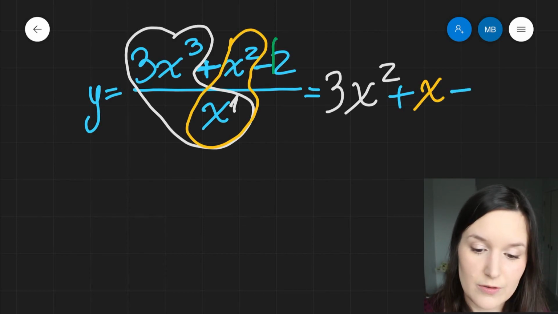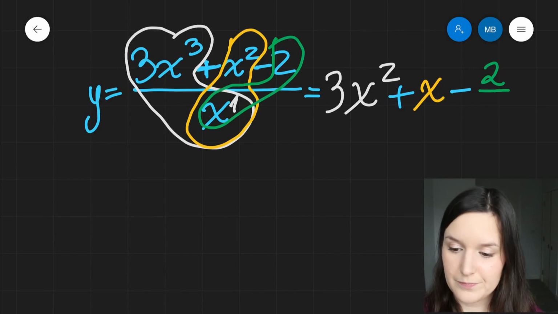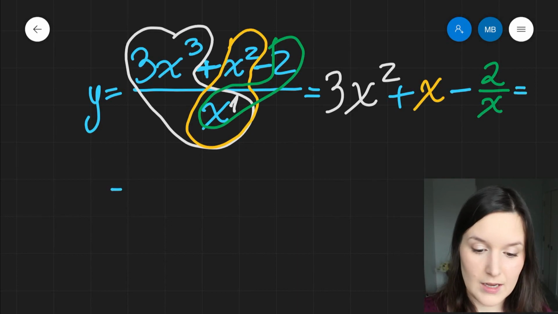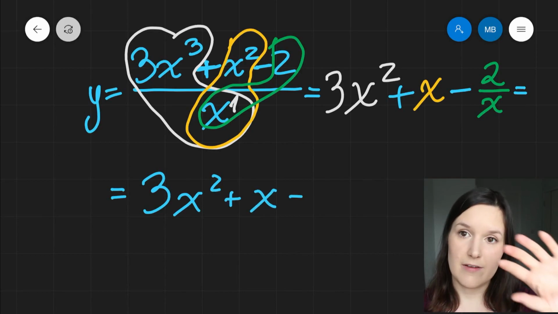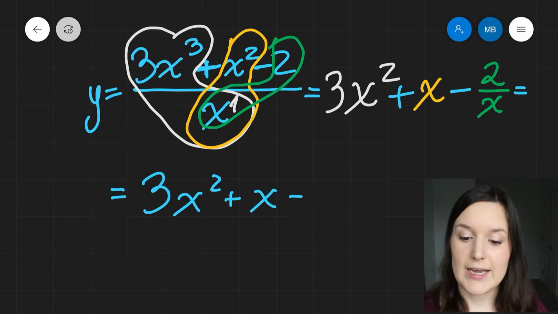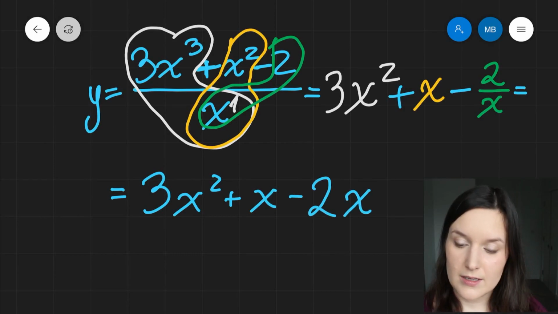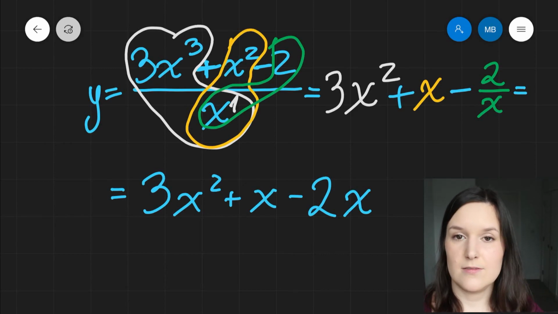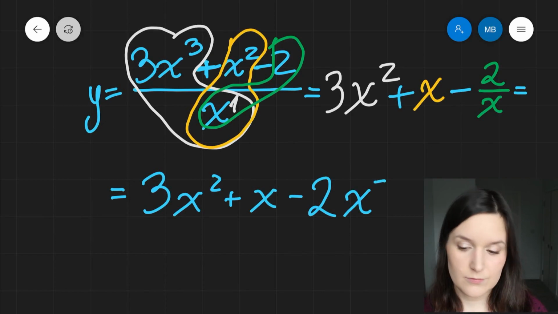It's 2 over x, which I will write in a different form. I will copy 3x squared plus x minus, as we learned before, if there is a flipped expression, I can change it into a negative power. There is 2, I will leave 2, and it's over x, so it's x to the power of minus 1.